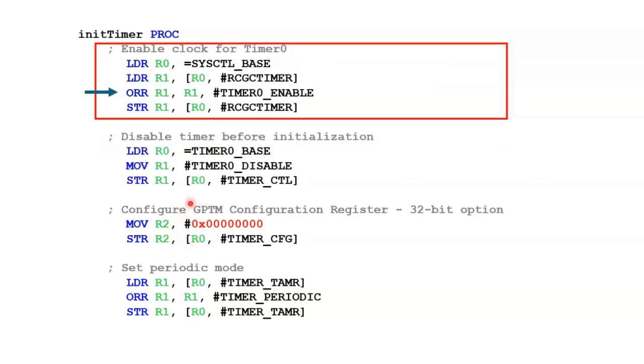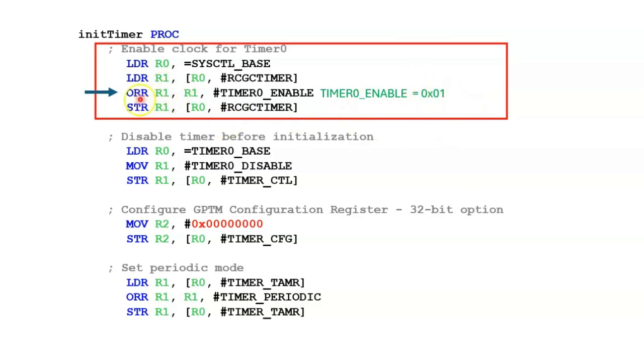And next, we have the ORR instruction, and this TIMER0_ENABLE has been assigned the value 01 hexa. The ORR or logical OR instruction performs a bitwise OR operation of the contents of R1 with this value.